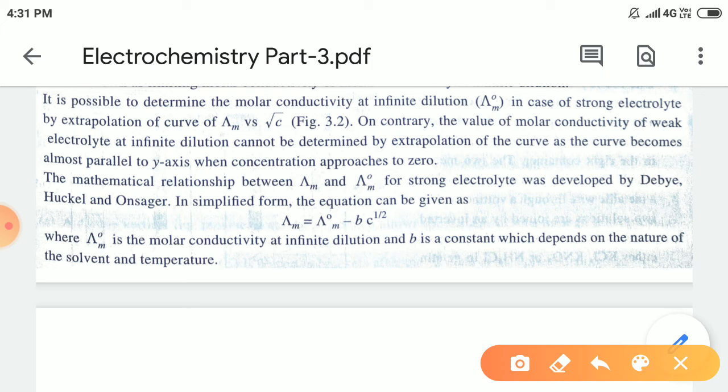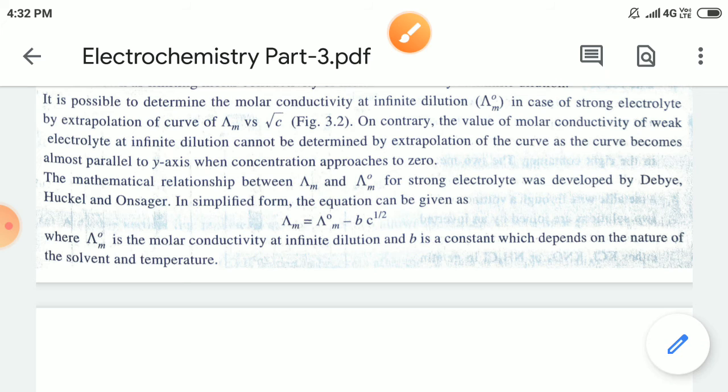In simplified form, the equation can be written as: molar conductivity is equal to limiting molar conductivity minus B into C to the power half, that is root of C, where lambda naught m is the molar conductivity at infinite dilution and B is a constant which depends upon the nature of solvent and temperature.